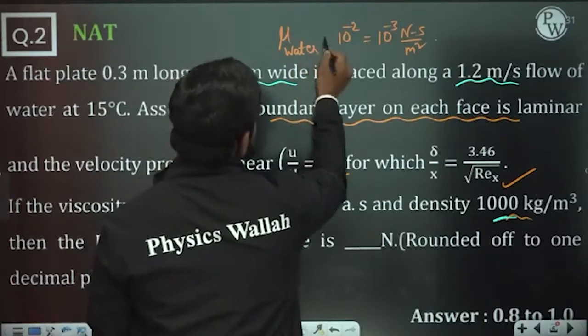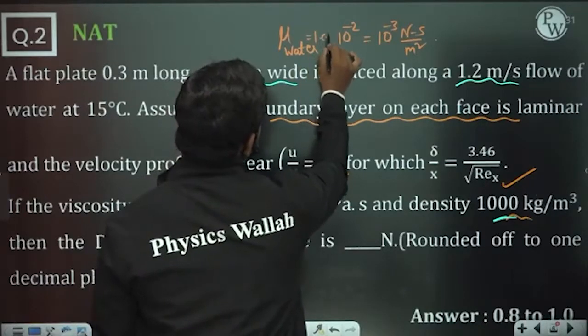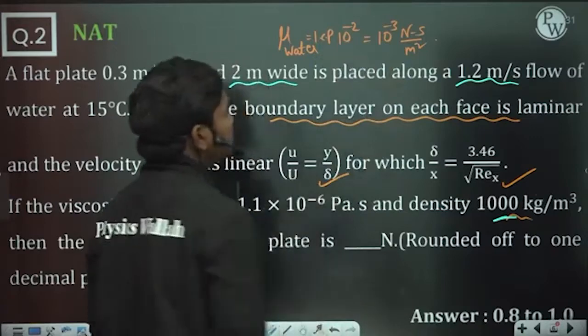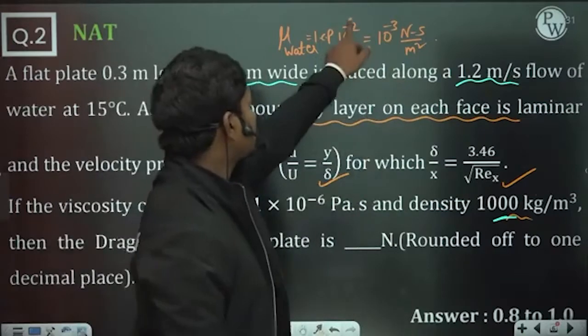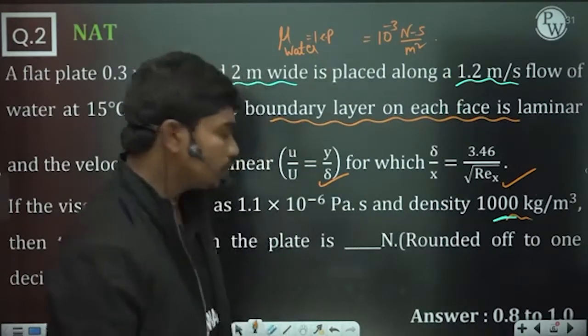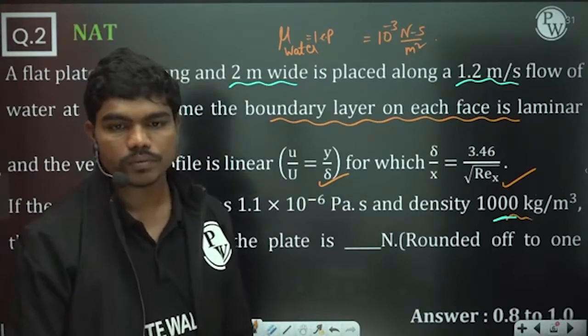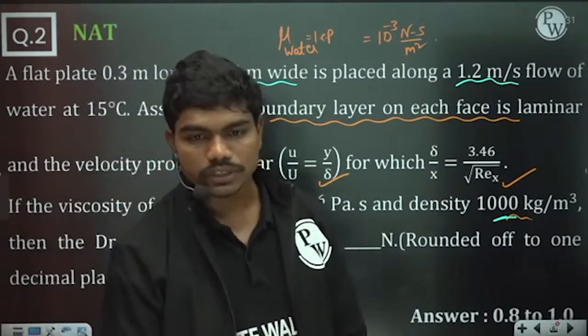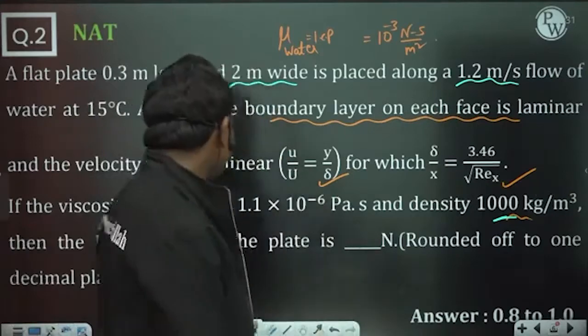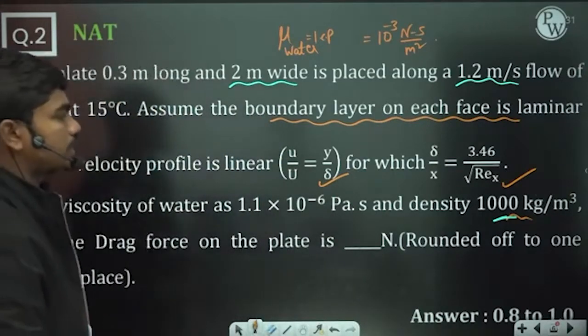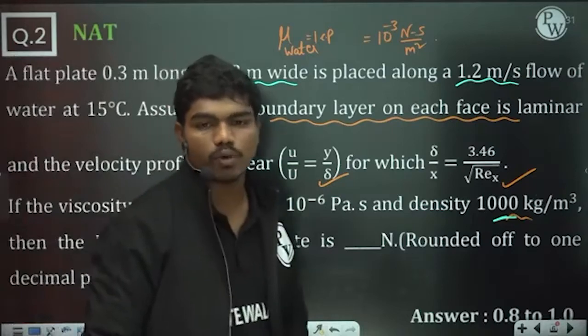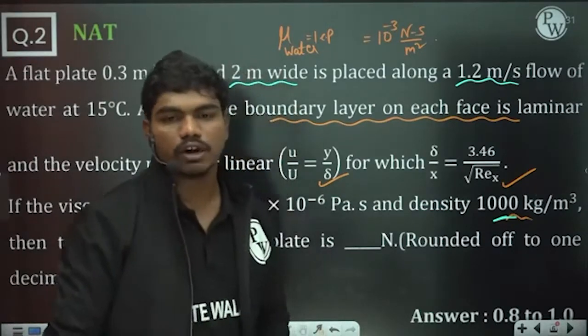That means 10 to the power minus 3 Newton second per meter square, right? Yes, they have given this value, 1.1 into 10 to the power minus 6 Pascal second, but normally if you take water, you have 10 to the power minus 3 on an average. Clear?